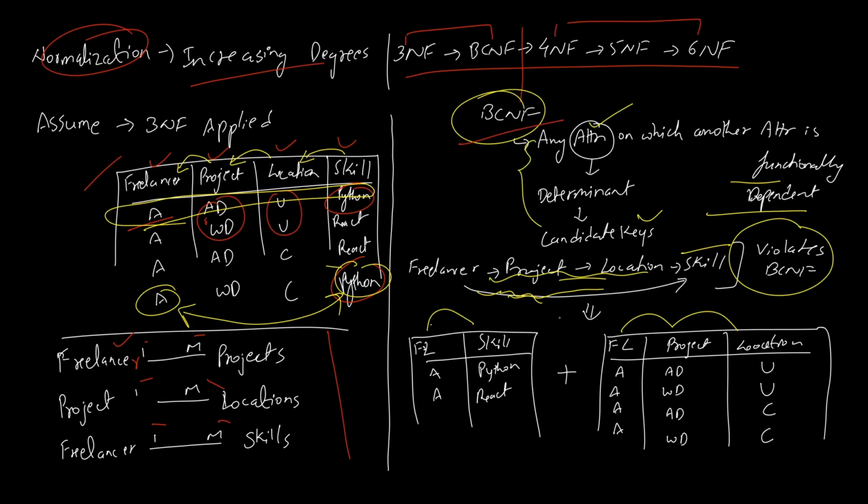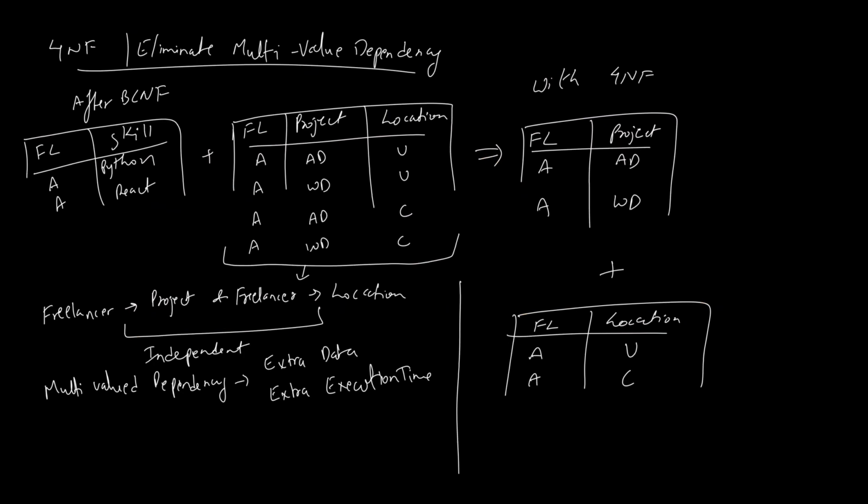You have your BCNF format. This is a harder, stricter way of doing 3NF. Many companies and projects would have this, but still you won't normally see it in use in many places. Okay, let's talk about 4NF, which means to eliminate multi-value dependencies.